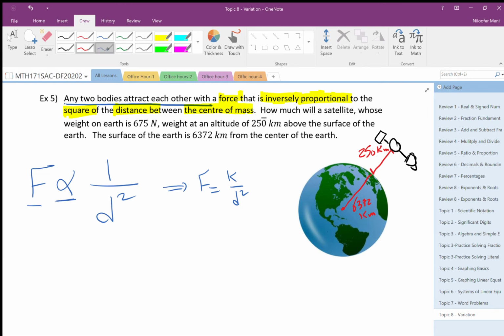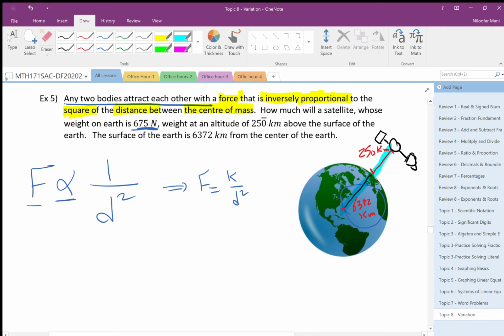So the satellite on the Earth has this weight. F is this Newton when the distance is this. Now I want to know what F is when the distance is this.